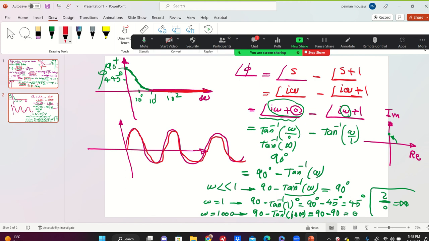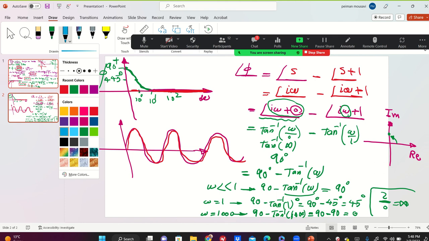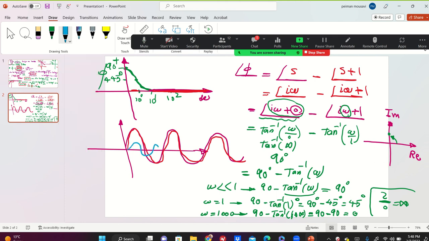For low frequency, it's going to be like this, guys. They have the phase difference, that's right. Actually, let me replot it. It's going to be like this. See the phase difference between the maximum of those. So this is for low frequency.